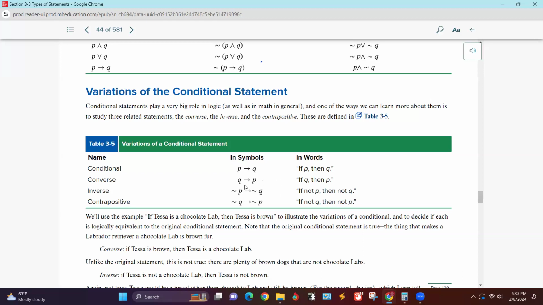The inverse is where we take that same order and then we negate each one. The contrapositive is essentially both of them. The way I look at it is do the converse, flip them around, then negate them in that order.